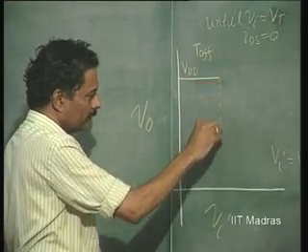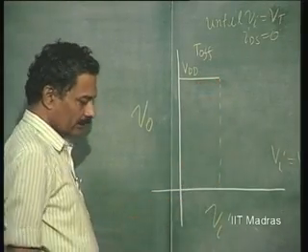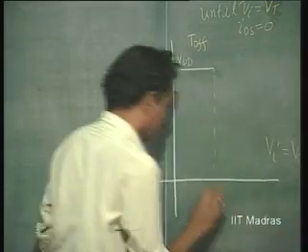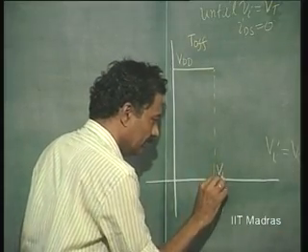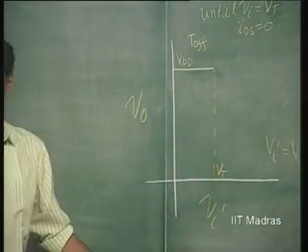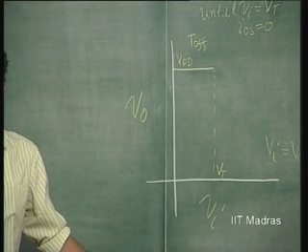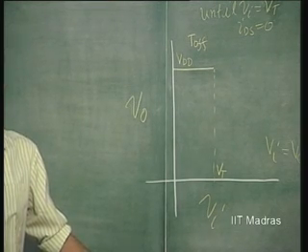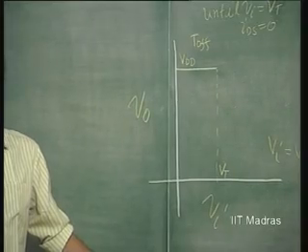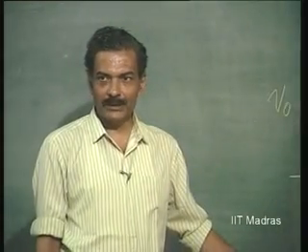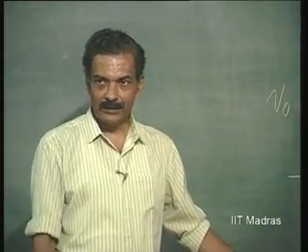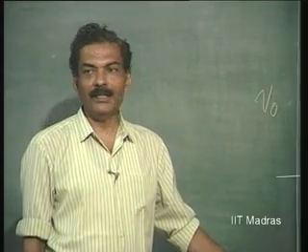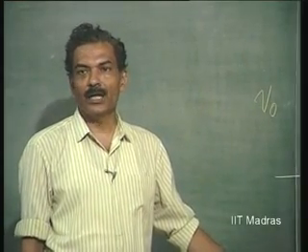At, let us say, Vi equal to Vt, the channel has got formed and the current starts flowing. So, what will happen to the output voltage? It will start decreasing. Now, is the FET in the current saturation region or triode region?